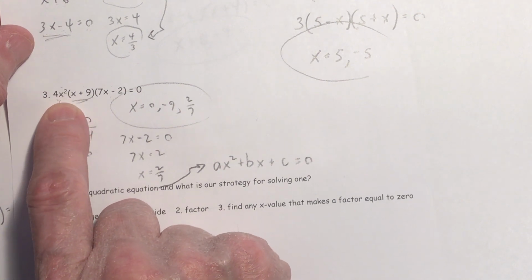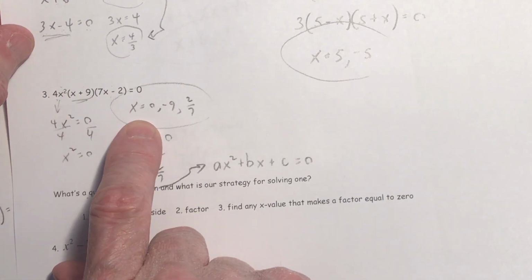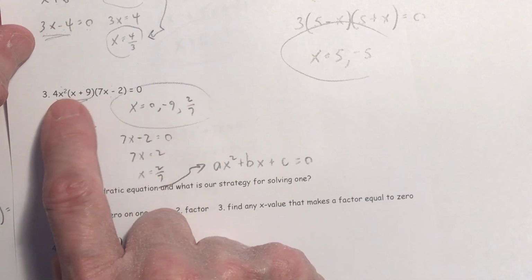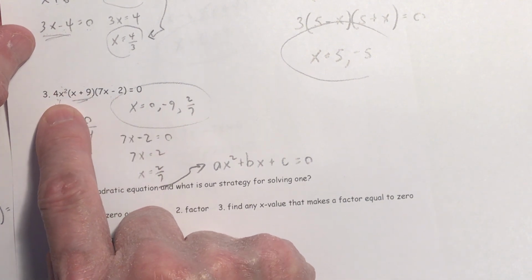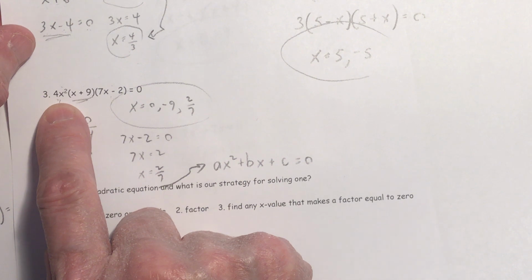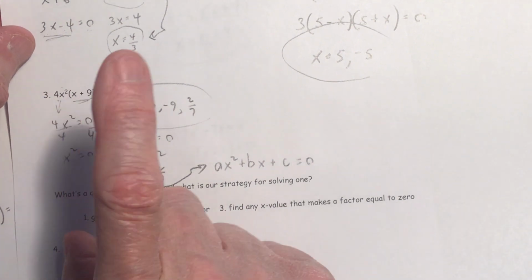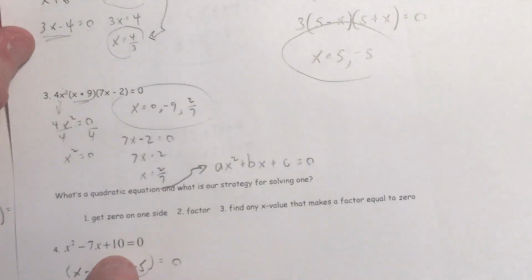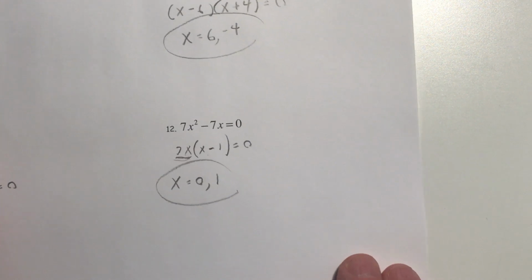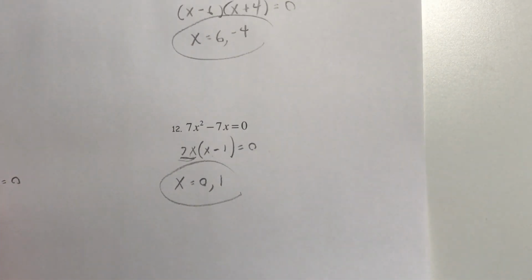To a power doesn't matter, but that's the only time you're going to get 0 as a solution, is when you have a factor that's just either an x or an x to a power or a number times x to a power. As soon as it's x plus something, x minus something, those factors don't give you a 0 solution. Here I am talking too much again. That's the end of page 2.